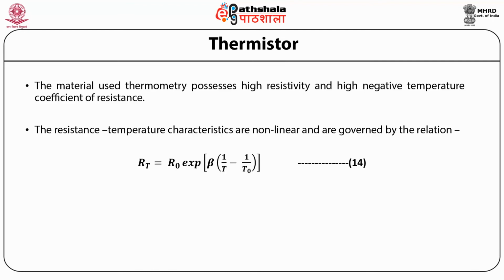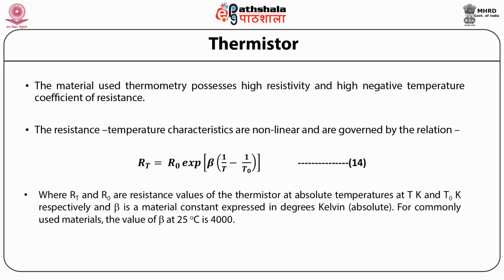This is equation 14, where RT and R0 are resistance values of the thermistor at absolute temperatures of T Kelvin and T0 Kelvin respectively, and β is the material constant expressed in degrees Kelvin. For commonly used material, the value of β at 25 degrees is 4000.